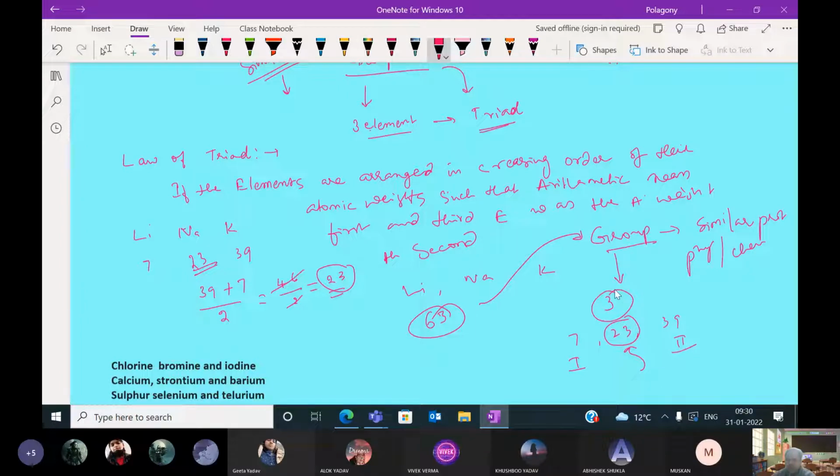In each group he took only 3 elements, arranged in increasing order of atomic masses, so the arrangement was also logical. The logic was that if you add the atomic weights of the first and third elements and take the average, you get the atomic weight of the second element. This was the classification done by the scientist.